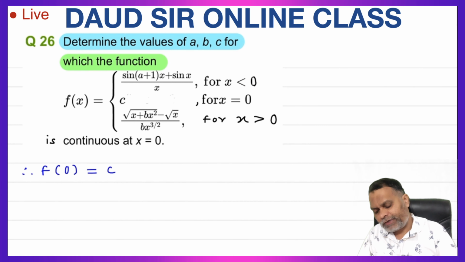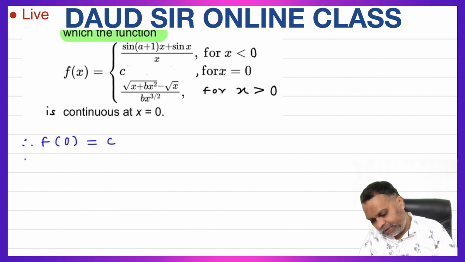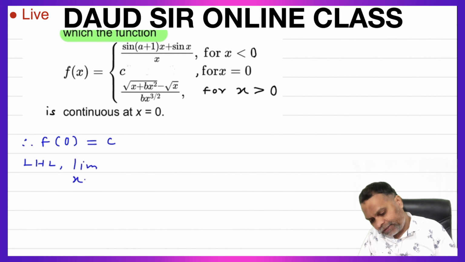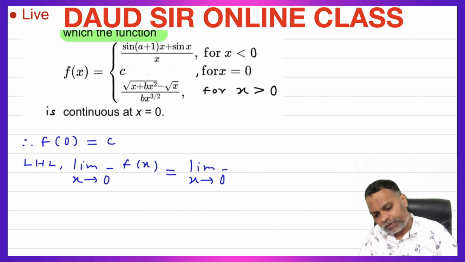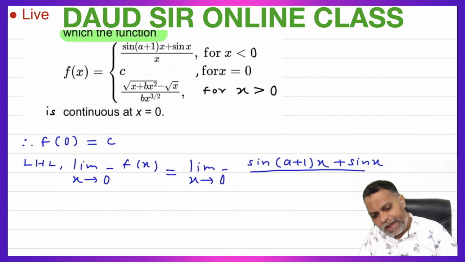So first, left hand limit. Limit x tends to 0 minus f of x is equal to limit x tends to 0 minus, here x is less than 0, so sine of (a plus 1) into x plus sine x upon x.